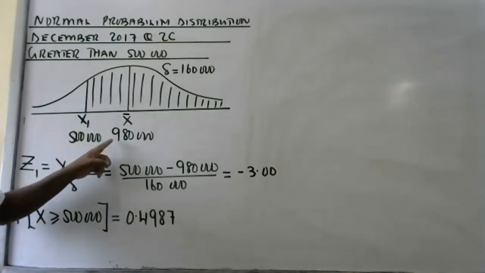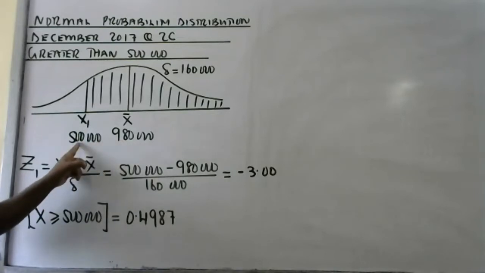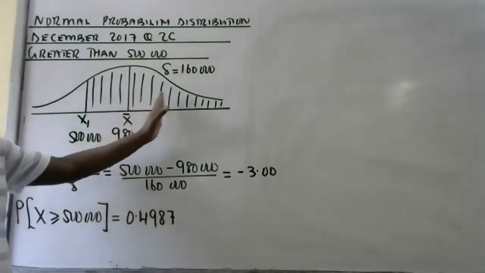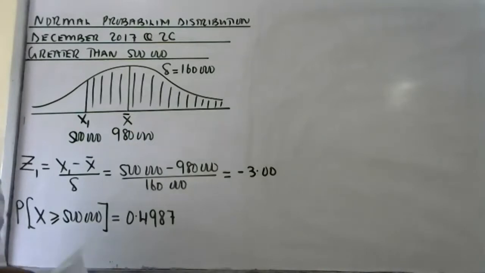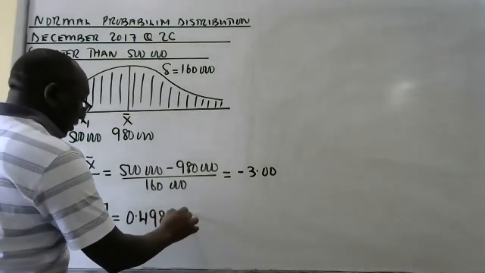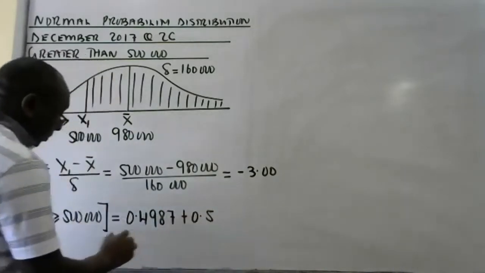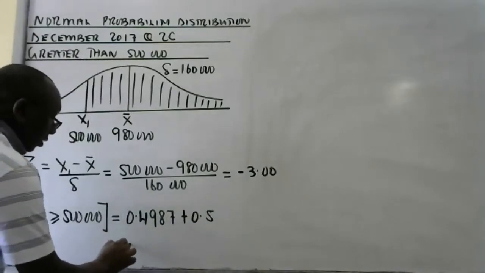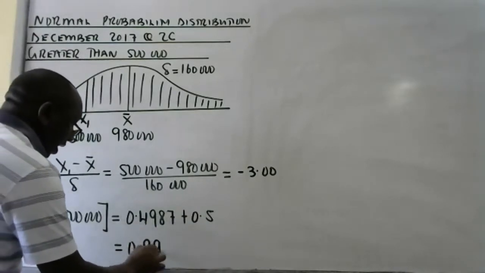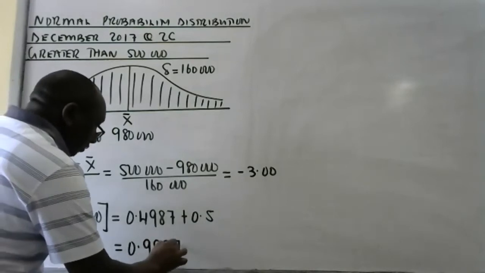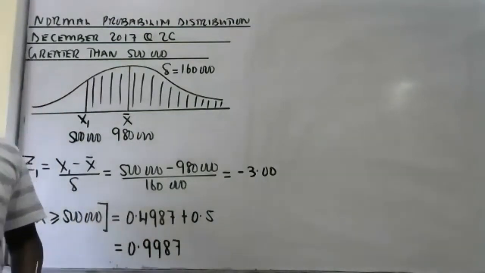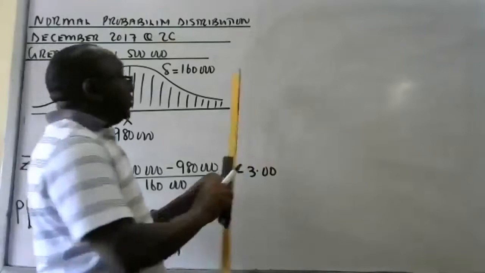So it is the probability from 980 to 500. But you can see we also want even the higher side. So you say plus the other side, which is 0.5, and now your probability will be 0.9987.